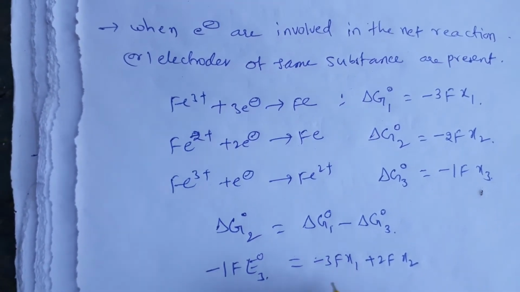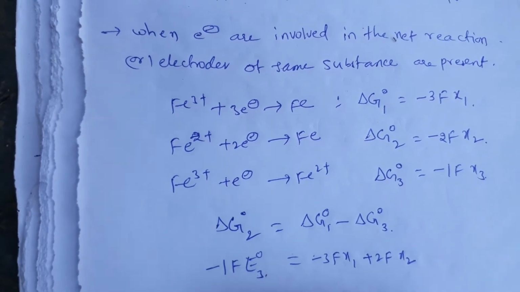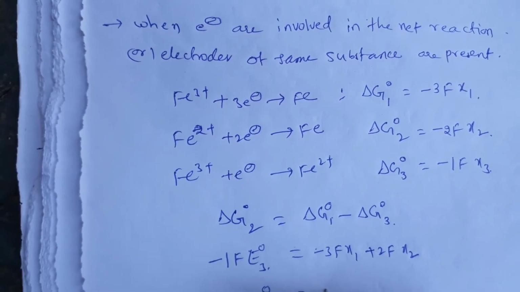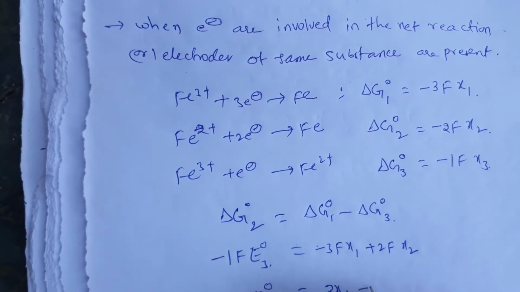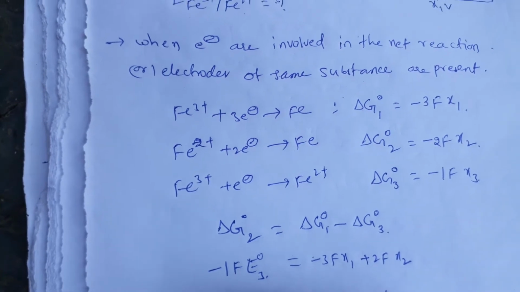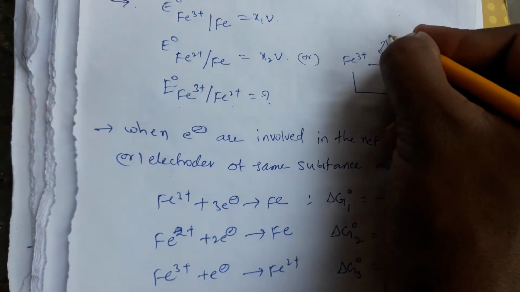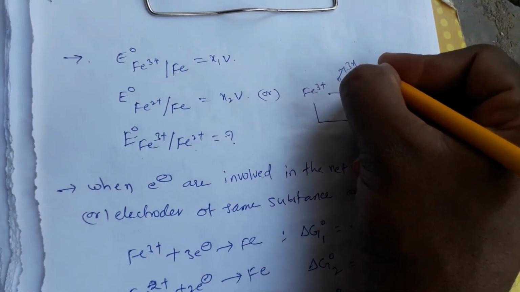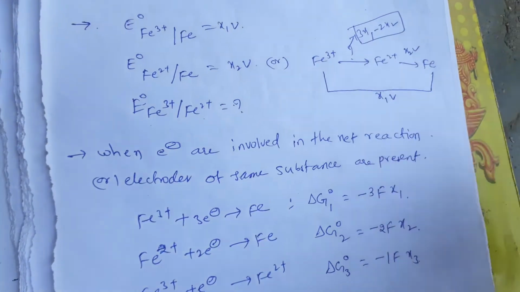So Faraday, if you take the common, then E naught 3 is equal to plus 3x1 minus 2x2. This is the E naught 3. So this value will be 3x1 minus 2x2.